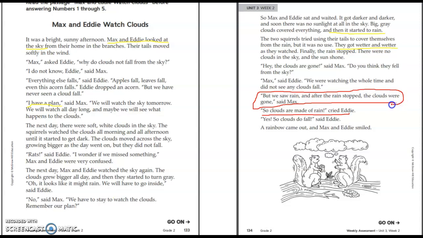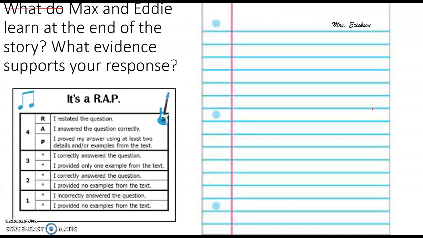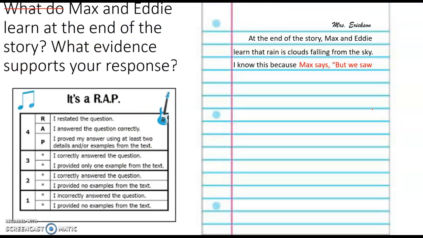Okay, well, that shows me that they learned that the clouds were made of rain. So I know this because Max says, but we saw rain, and after the rain stopped, the clouds were gone. So I used a piece of the text in my writing, but I made sure to use a sentence starter for text evidence.